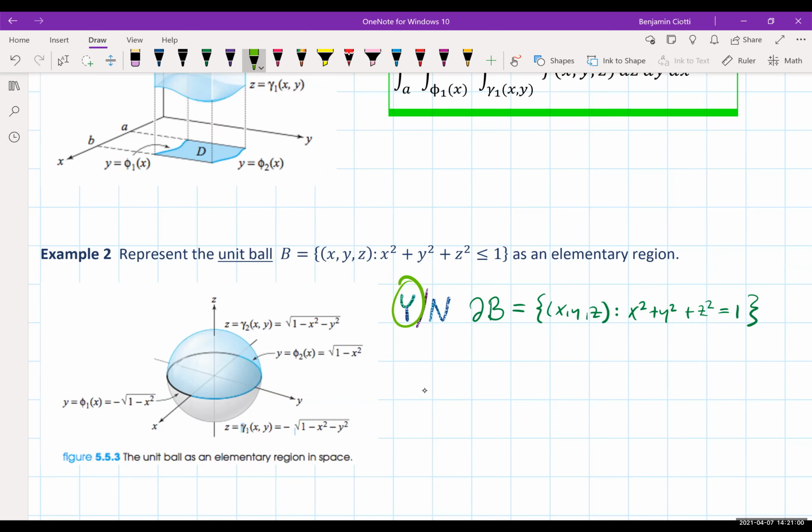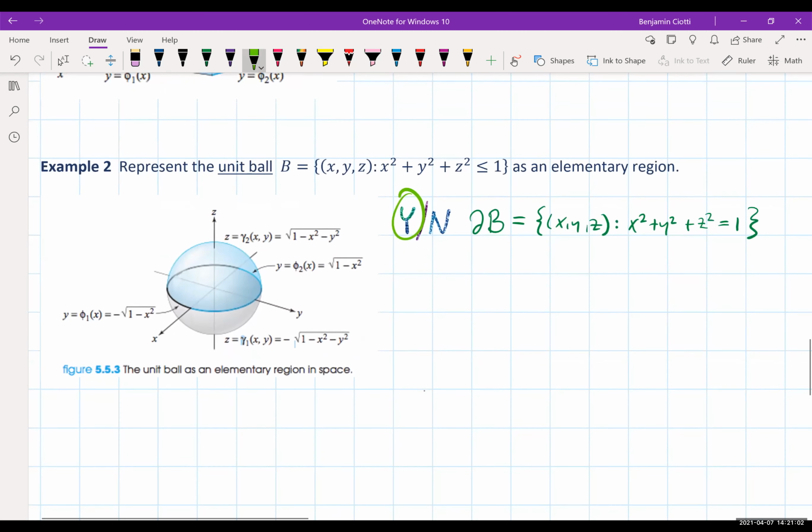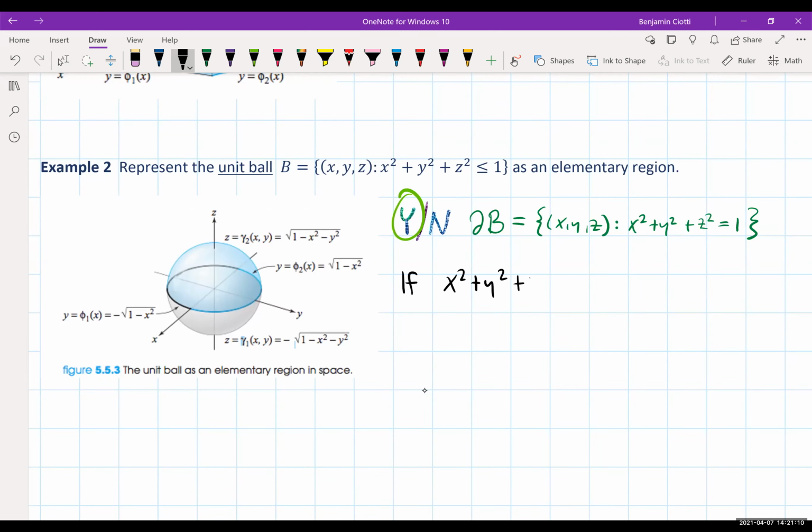And we're going to use the boundary to express the unit ball as an elementary region. So if x squared plus y squared plus z squared is equal to 1, I want to find what z is equal to. So z squared will be 1 minus x squared minus y squared.